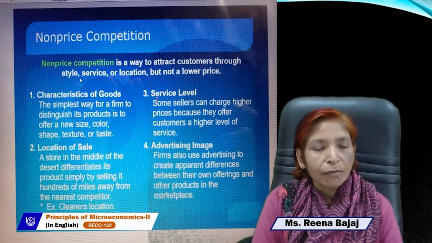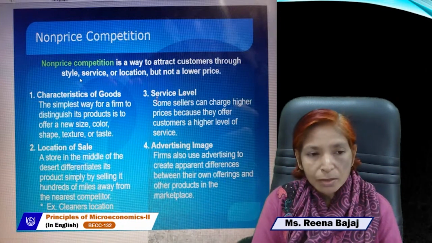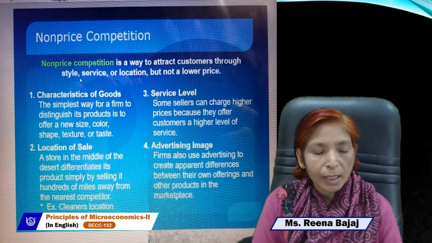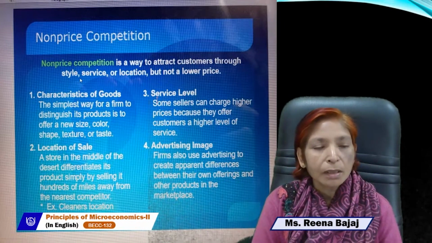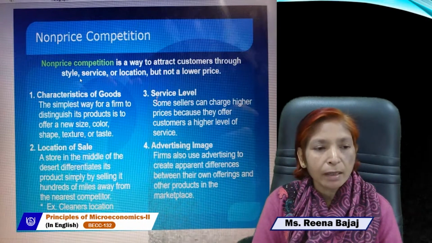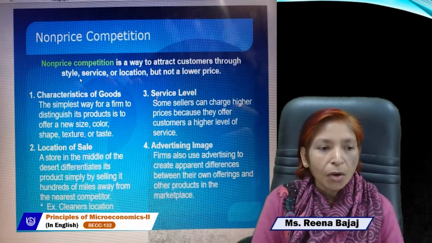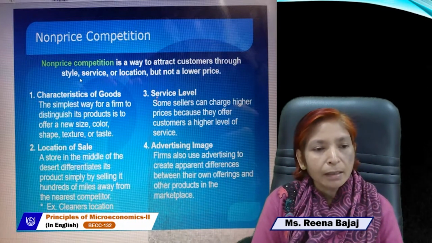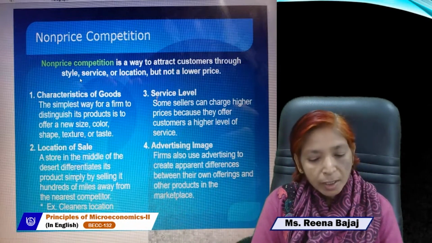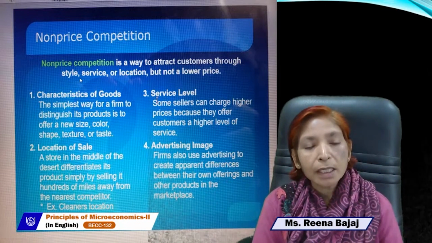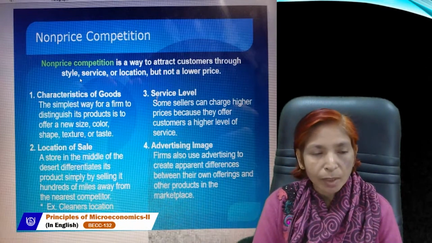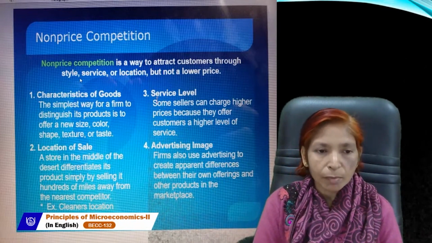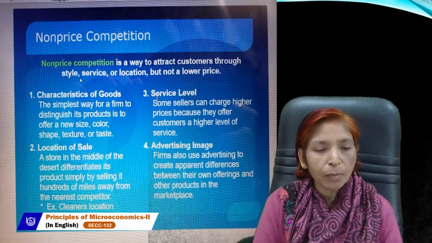Because of this, a firm can't increase the price of its product too much, like cold drinks. Cold drinks are like Pepsi, Coke, Thums Up, Mirinda, Fanta, Maaza. All are selling their product, but they can't increase the price too much, otherwise they will lose the customer, who will not be attracted to buy their product.